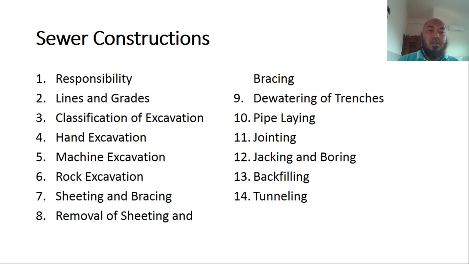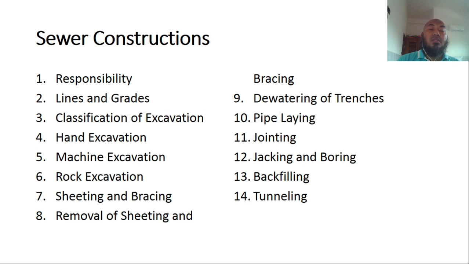Okay, number 3 is classification of excavation. As you know, to make line and grade, we have to encounter the excavation. You remember the minimum invert depth is 3 meters, so basically you need to dig a trench from the beginning.